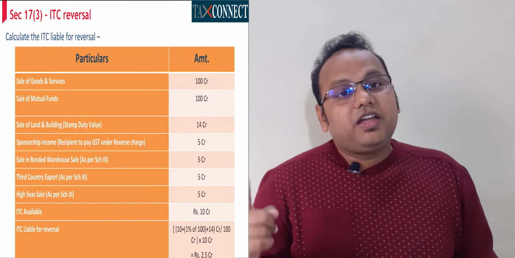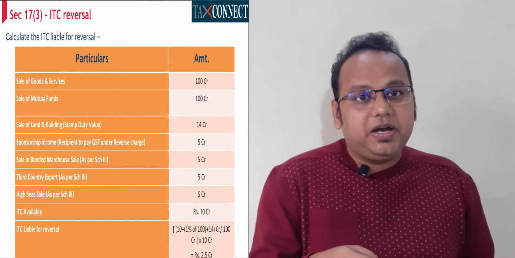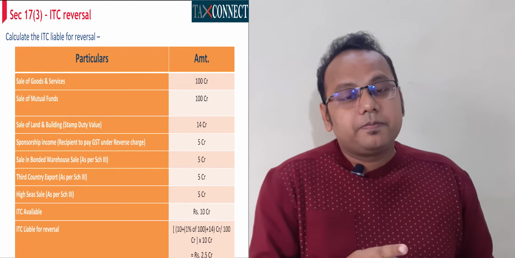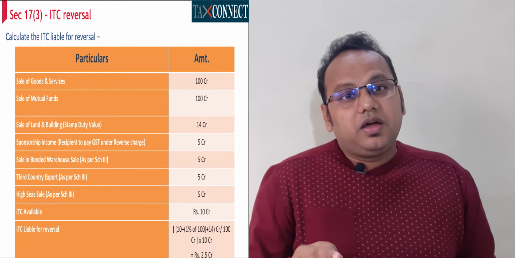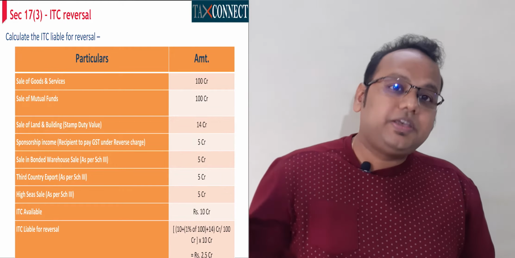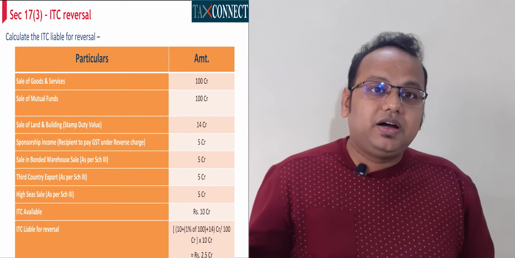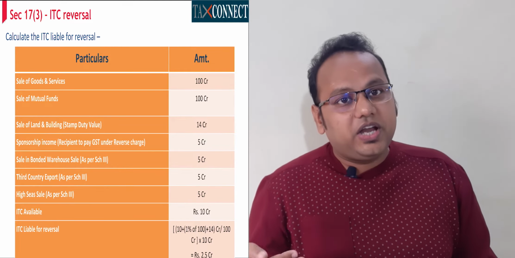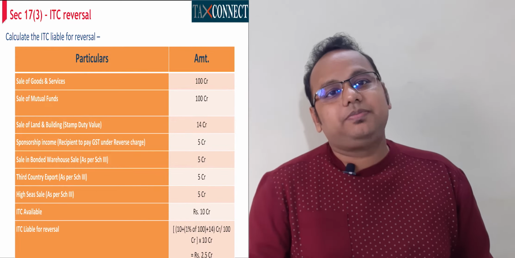Similarly, the value of sale of land and building and the value of supply of goods or services under reverse charge on which the recipient would pay the GST amount, all of that would be included in the value of the exempt supplies.